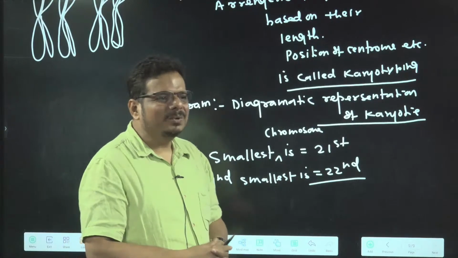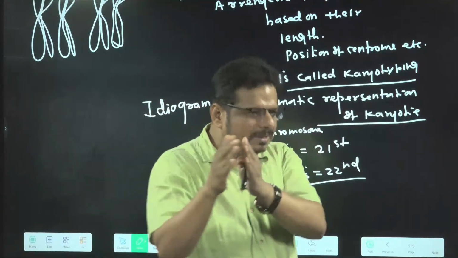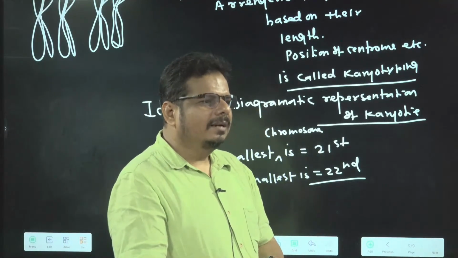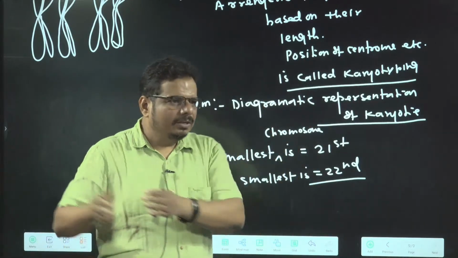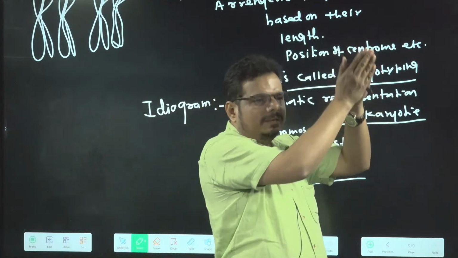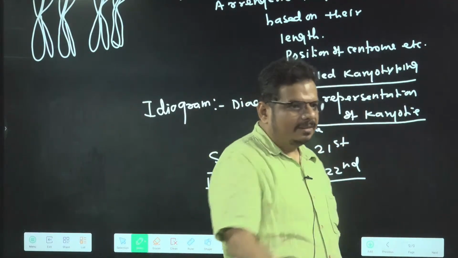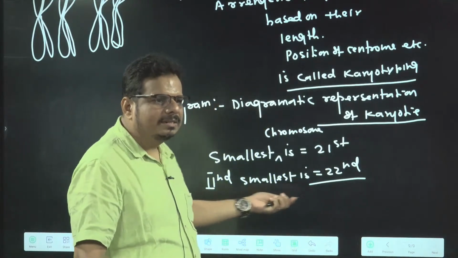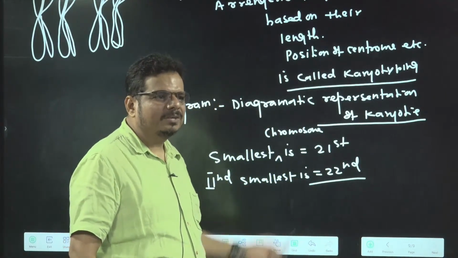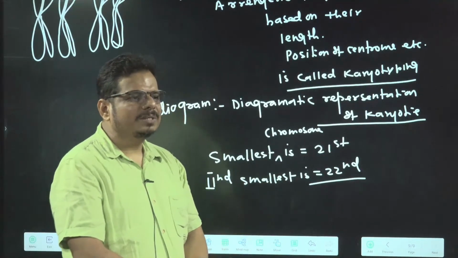So now according to the Human Genome Project, that is not followed completely, able to understand? Otherwise earlier my teacher told that arrangement is according to decreasing size. It is not applicable everywhere. Otherwise you will say the 22nd is the smallest, but actually the 21st chromosome is the smallest.